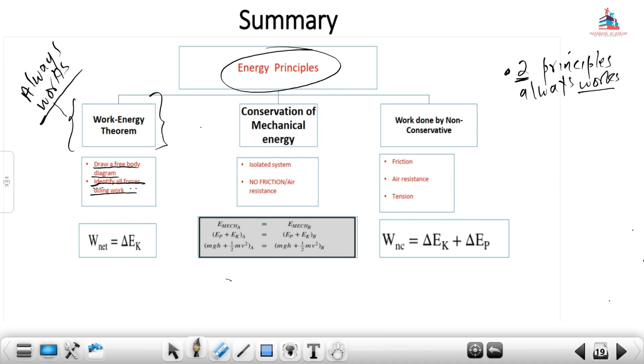Yes, sir. Not a problem, sir, because the A can be either for a resistance as well as the applied force. Thank you very much. 100%. Any other questions? Any inputs?